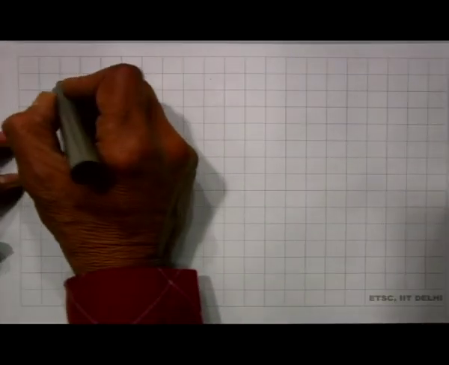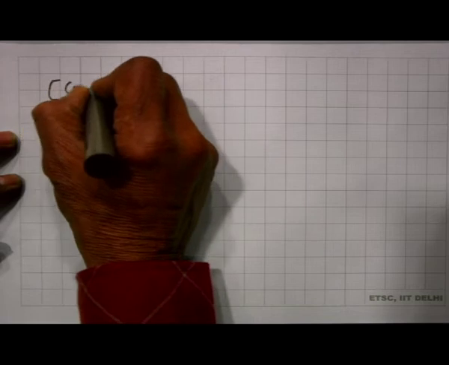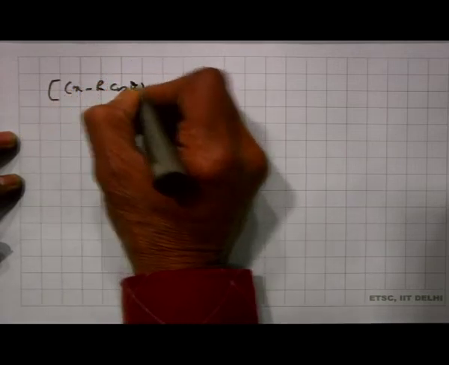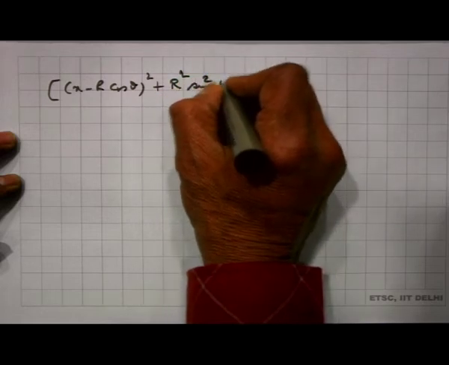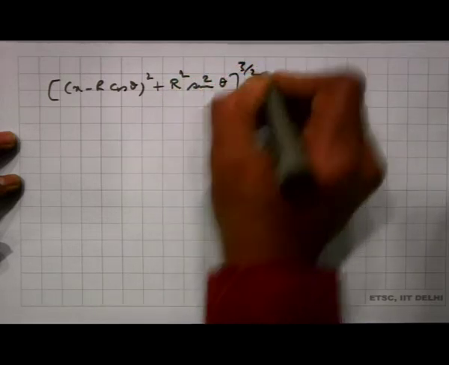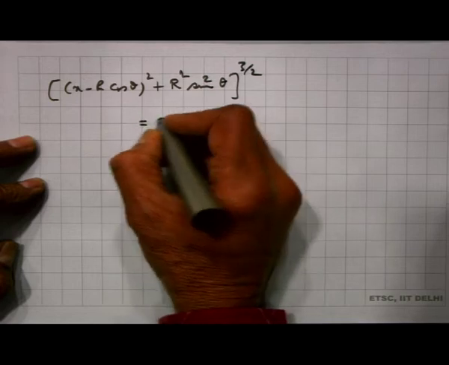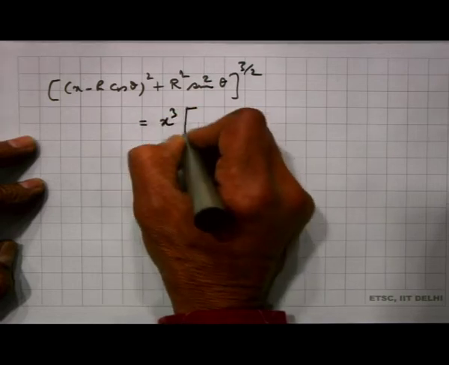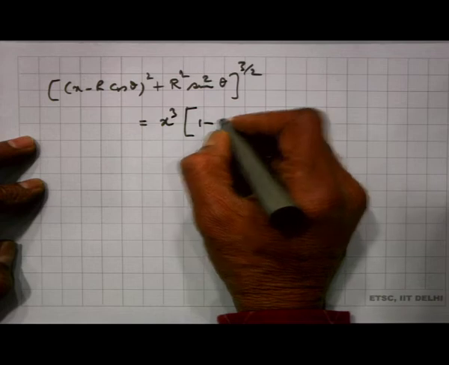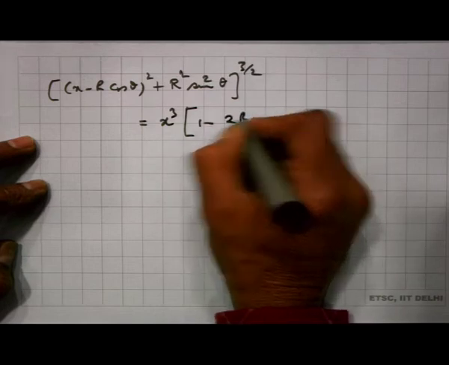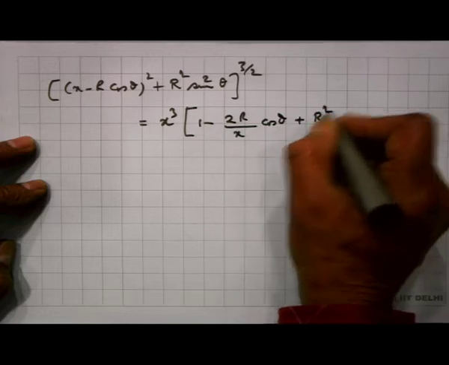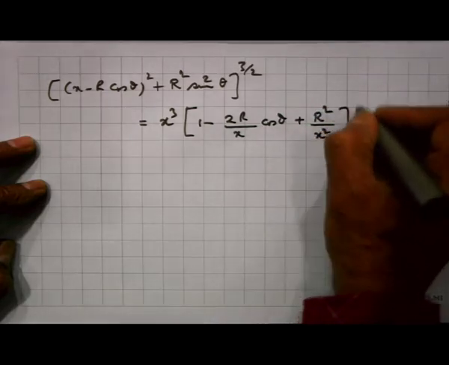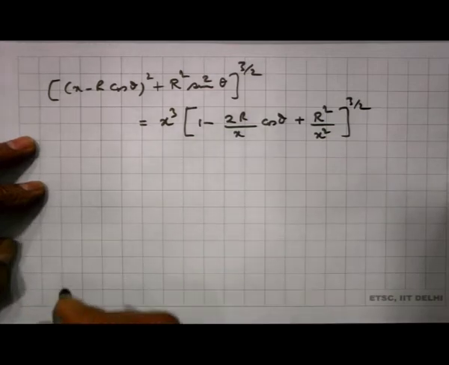So, let me calculate x minus r cos theta whole square plus r square sin square theta raised to 3 by 2, which is equal to x cube into 1 minus 2 r by x cos theta plus r square by x square raised to the power 3 by 2.